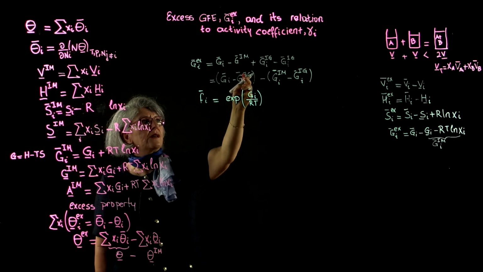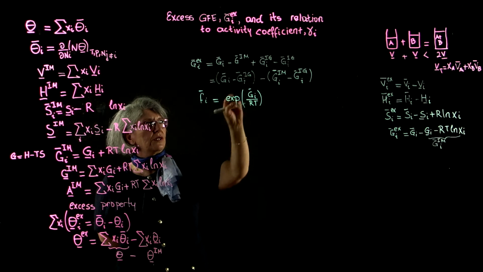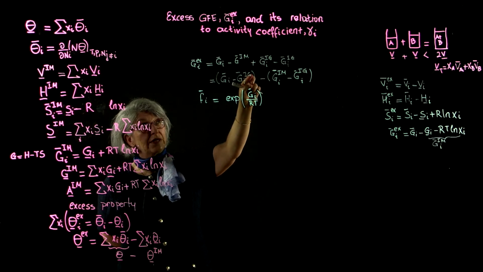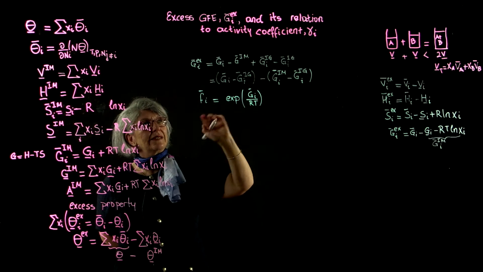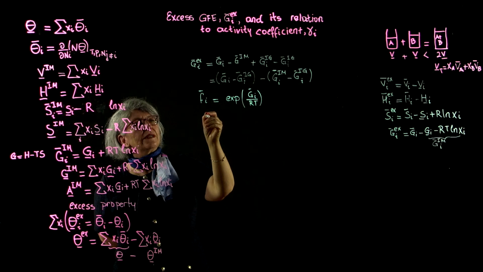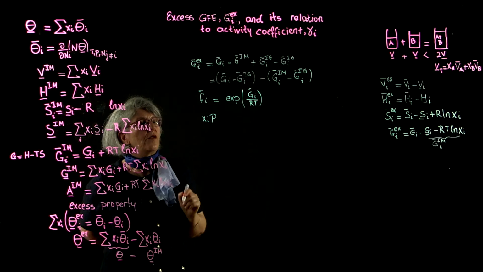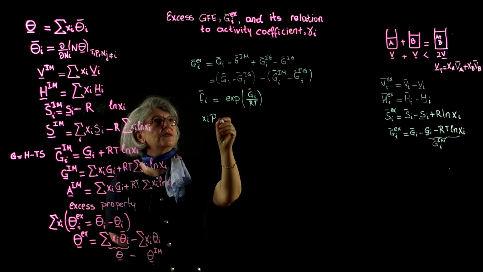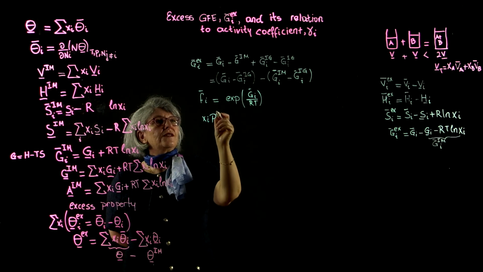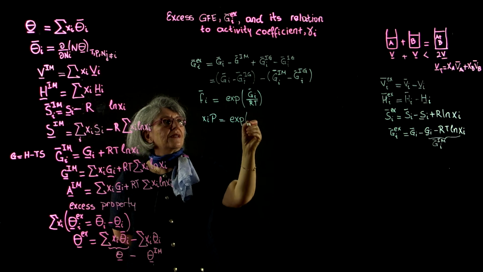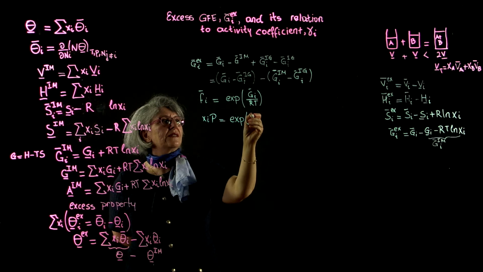The partial molar Gibbs free energy in an ideal gas state is going to correspond to the mole fraction multiplied by pressure equivalent. All right, so let's just put that in writing here.